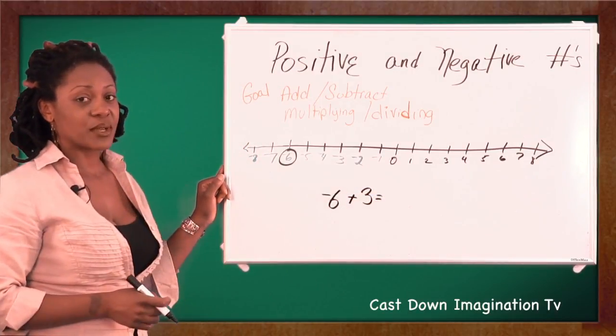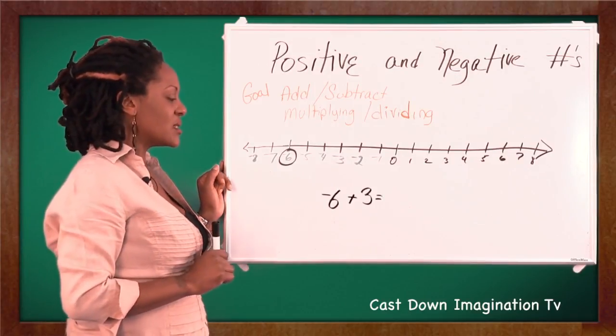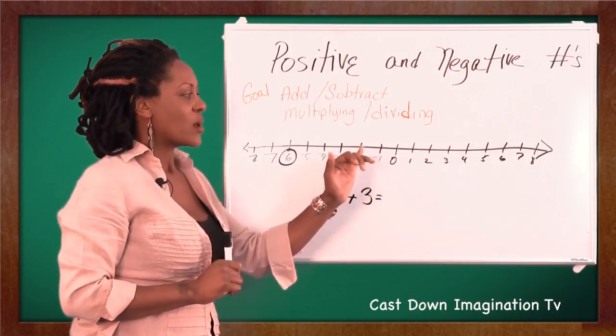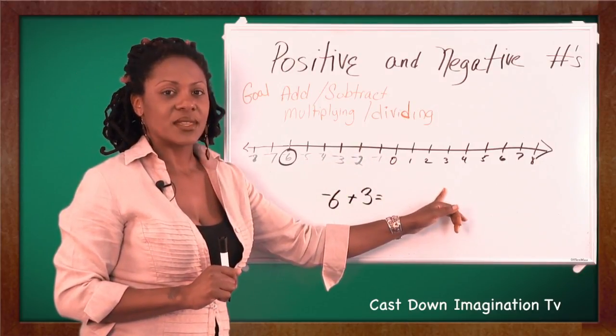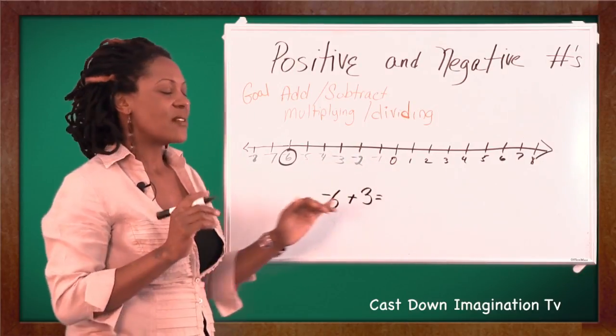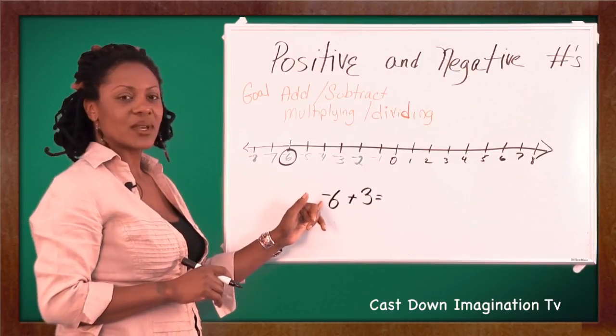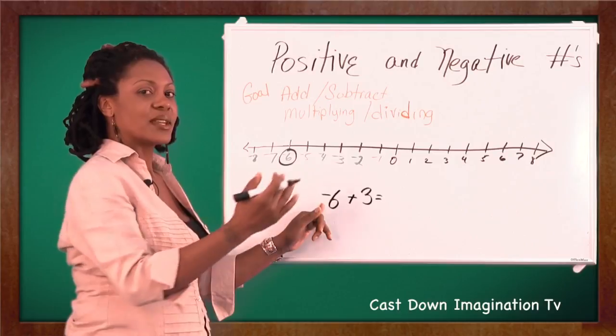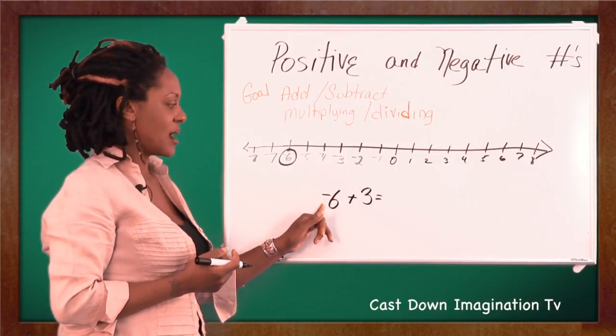That's how you would see it written. Now here's what you need to know. Whenever there is no sign, we automatically assume and know that the number is positive. If it's a negative number, it will always have this little dash and little minus sign, reminding you that it's on the negative side of the number line.